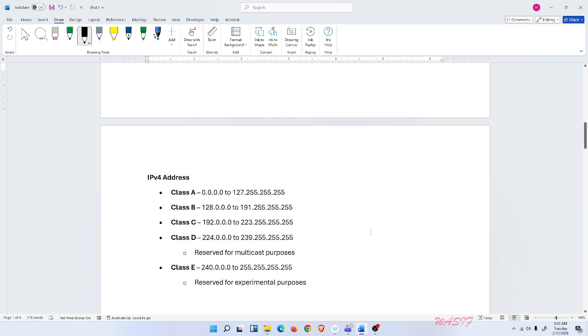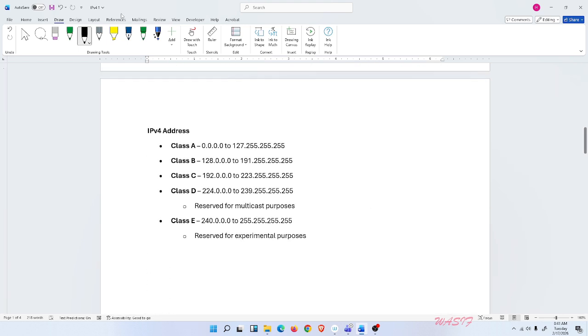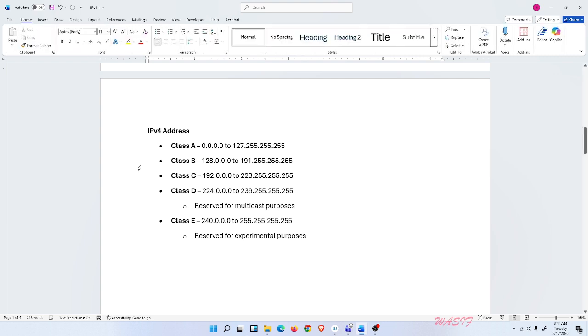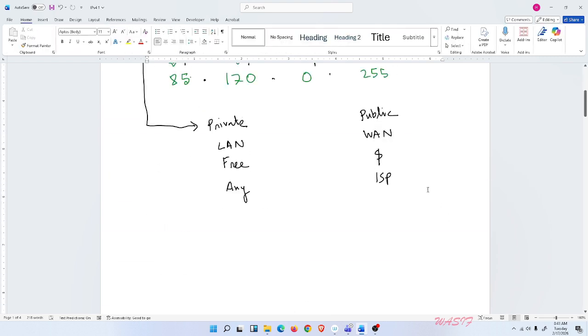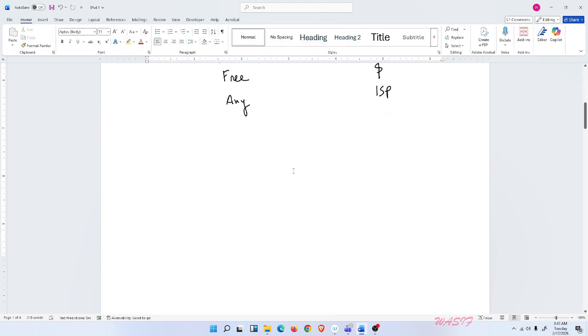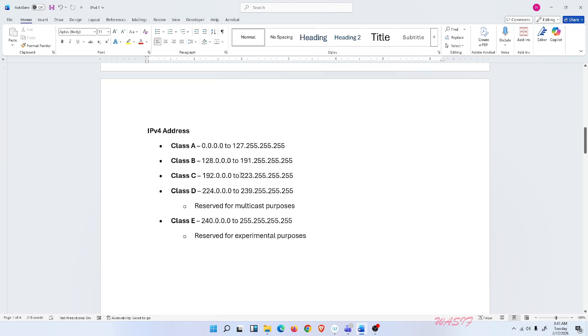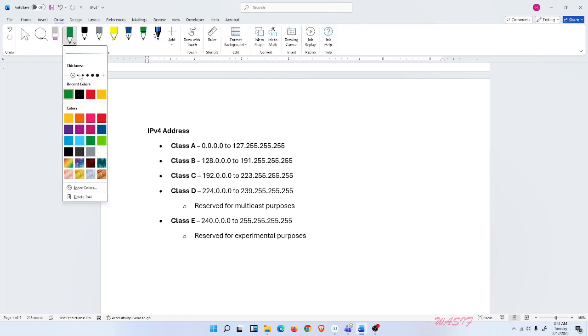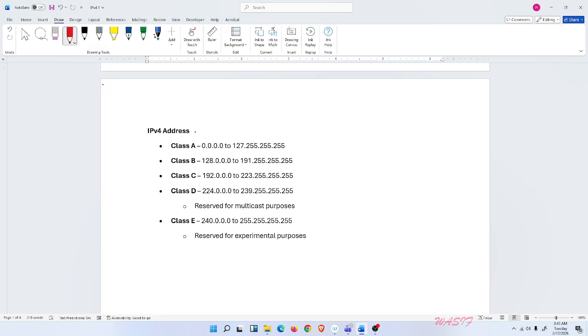Now IPv4. Look at here very carefully. Don't get confused with public and private IP addresses. Private and public is of course there, but IPv4 addresses can be divided into 5 different classes: A, B, C, D, and E. This has to be memorized.